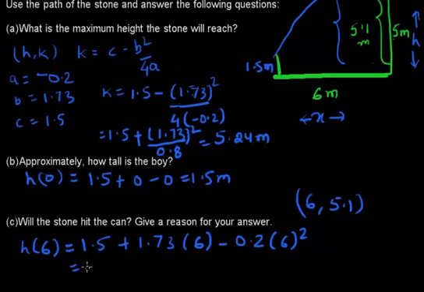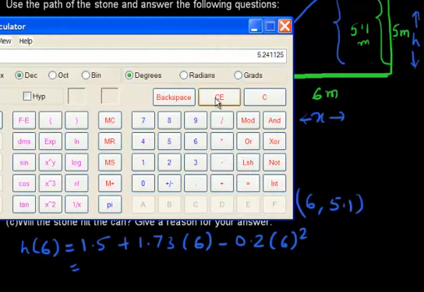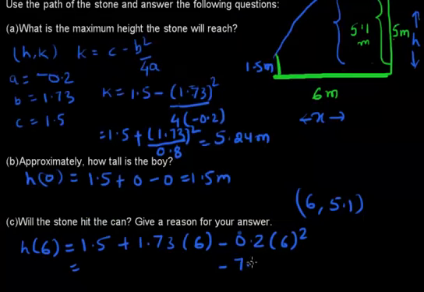So I substitute the values. 6 square is 36. 36 times 0.2 is 7.2. This value is minus 7.2.